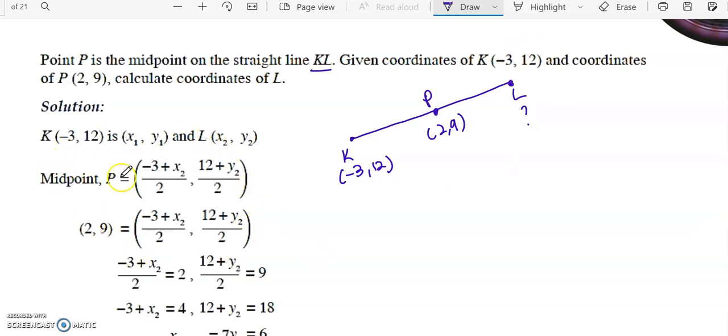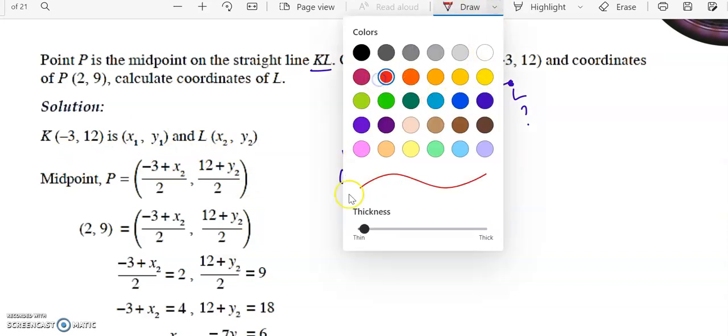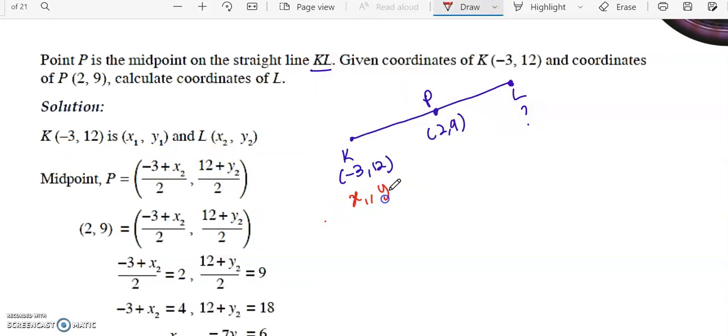So, same as before, we make this one x1, y1. We substitute into the formula for the x coordinate of the midpoint; this part is equal to 2, and this one is equal to 9 for the y coordinate. We separate x and y coordinates.